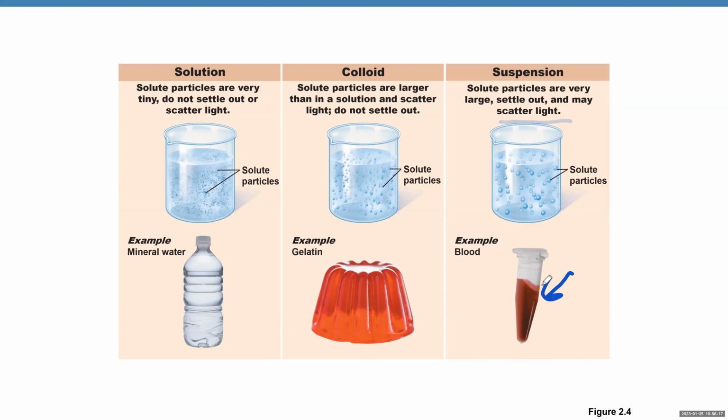Now, if you look at the blood example, when they say blood is a suspension, they're talking about plasma and formed elements, or what we used to call cells. So you have plasma and you have white blood cells, red blood cells, and platelets. When you compare plasma and formed elements, or cells, it will be a suspension.